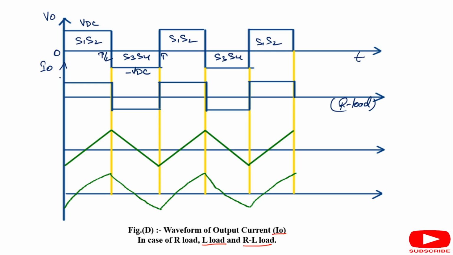But the difference is that the magnitude of the output current is less as compared to the magnitude of the output voltage. Here VDC by R is the magnitude of the output current for switching operation of S1, S2, and minus VDC by R is the magnitude of the output current for switching operation of S3, S4. Okay.